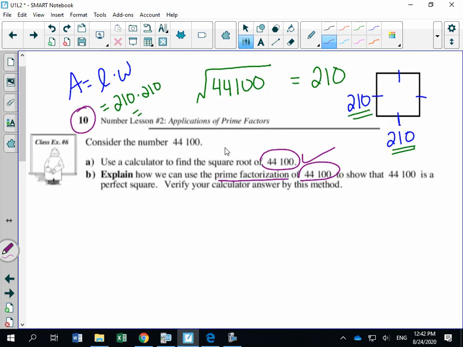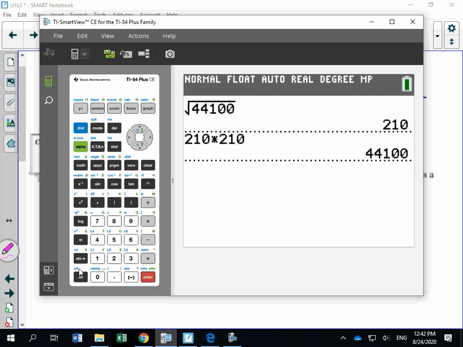One other thing I want to tell you: if you type in the square root of a number and we get a nice whole number, it's what's called a perfect square. So 44,100 is referred to as a perfect square. For example, if I say the number 100, is 100 a perfect square?